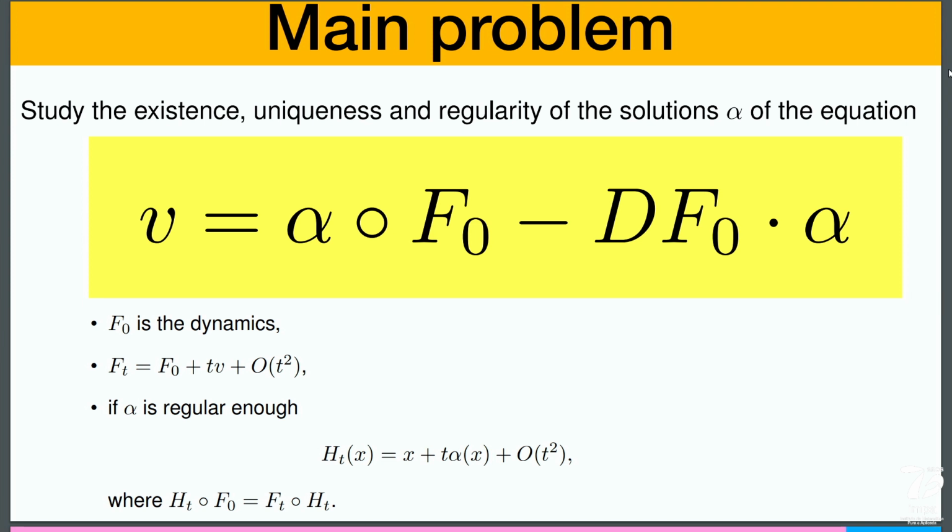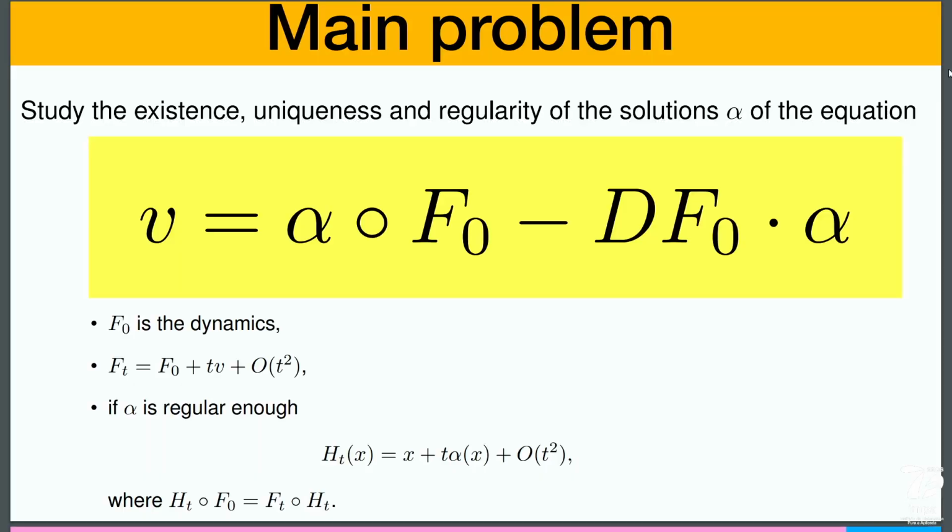Instead of, say, understanding topological classes of maps, you prefer to understand Lipschitz vector fields on your dynamical system. So you internalize the problem, right? Instead of looking for the topological class and the tangent space, you just look for the solution of this cohomological equation and study it.